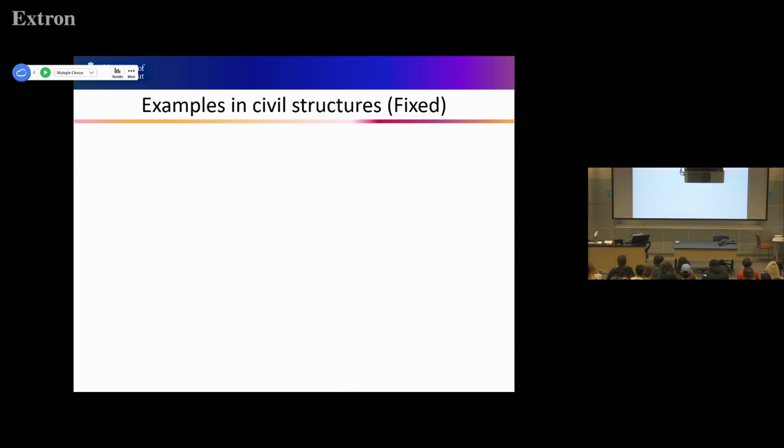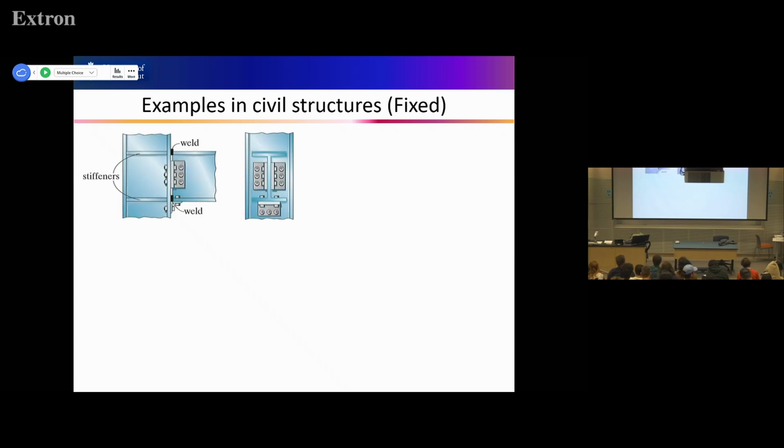And there are two in-between cases too, and I show you those options or support conditions with some examples here. So examples in civil structure, fixed connection, this one, it is a beam column joint connection. It is welded here on top of the flange, and then it uses a channel with bolting connection, and also welding, and they use a stiffener to prevent the motion, right?